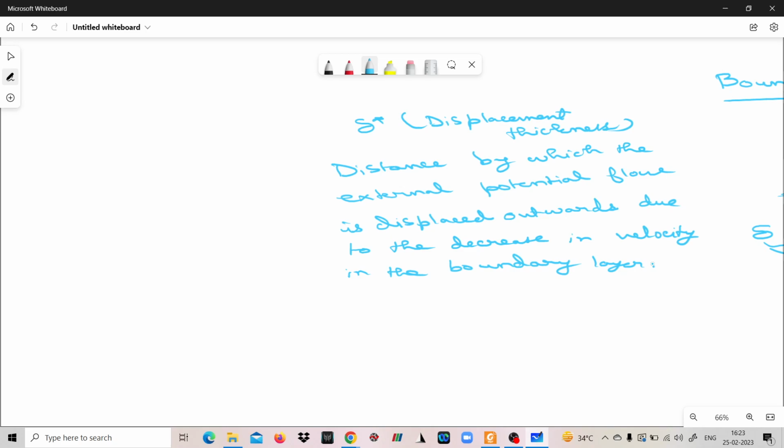Please read this definition once. Try to understand what these terms mean so that you can visualize what exactly is the displacement thickness of a boundary layer.